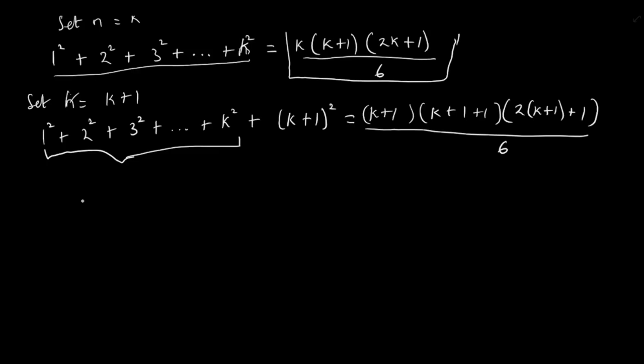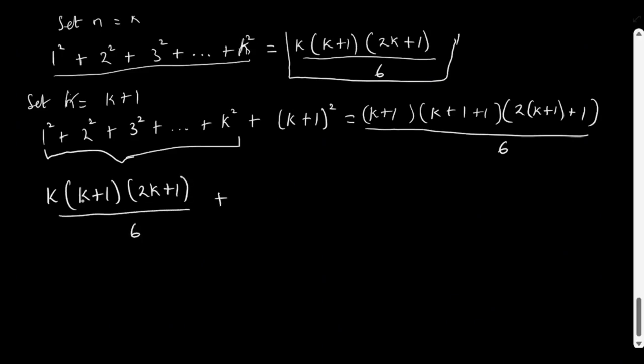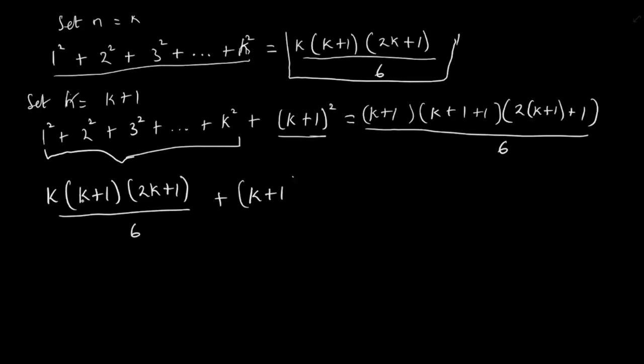So I'm going to replace all of these with k open bracket k plus 1, 2k plus 1 over 6 plus this k plus 1 all squared equals to k plus 1.